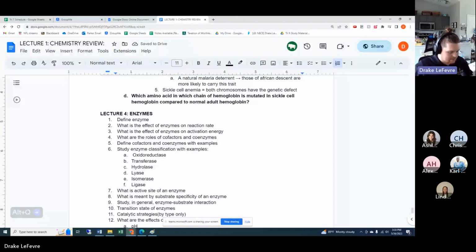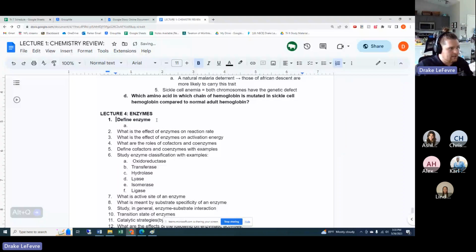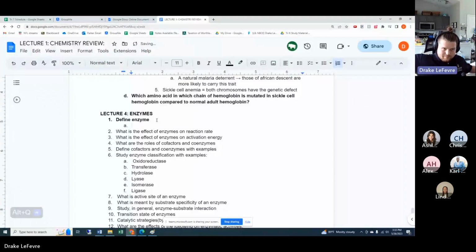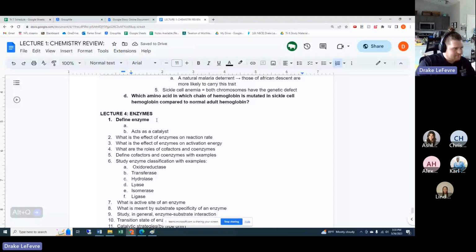Define enzyme. All right, crew. What is an enzyme? Is it just a catalyst that can bind to a substrate? So it acts as a catalyst. Is an enzyme a protein, a lipid? It's a protein. So it is a protein.